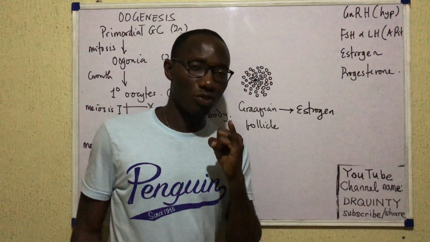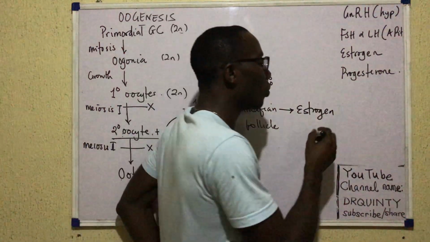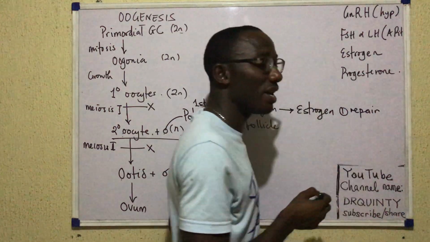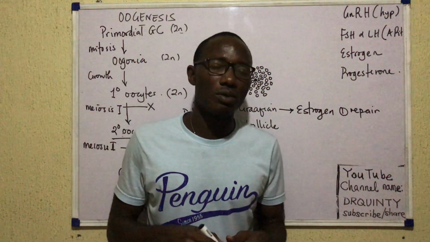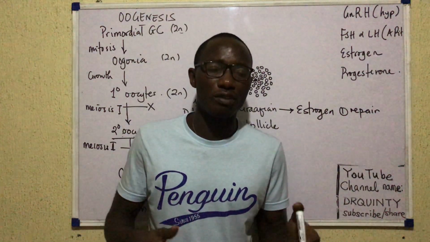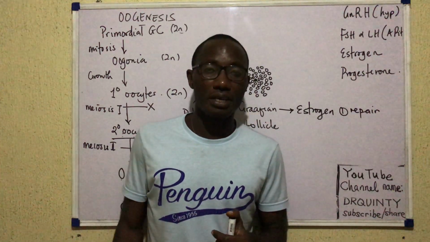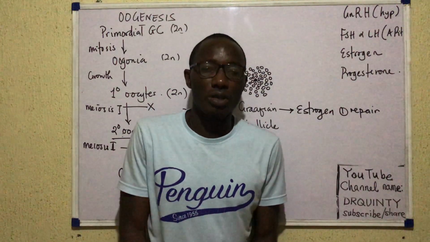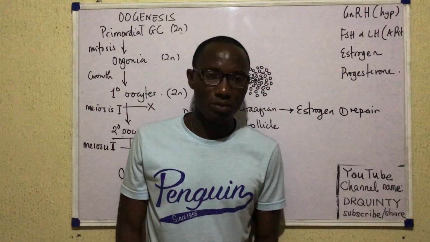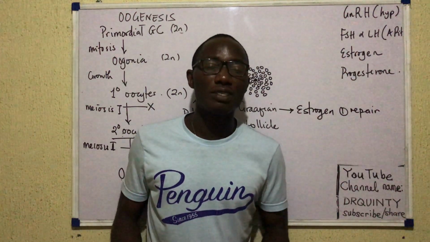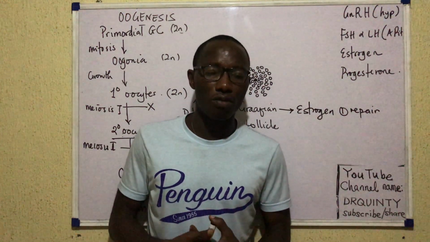One thing estrogen can do is to repair the wall of the uterus. Of course, the wall of the uterus must have sloughed off during the end of the last cycle, leading to menstruation at the beginning of this new cycle. When a woman sees her menses, it is evidence of sloughing off of the wall of her uterus.